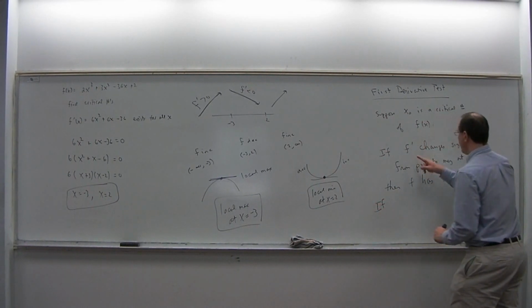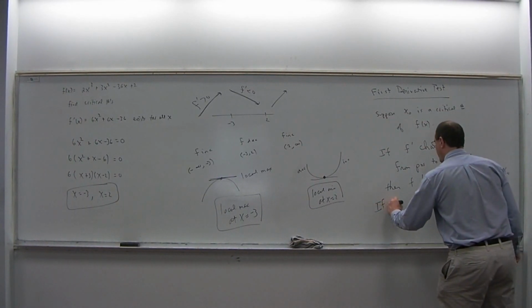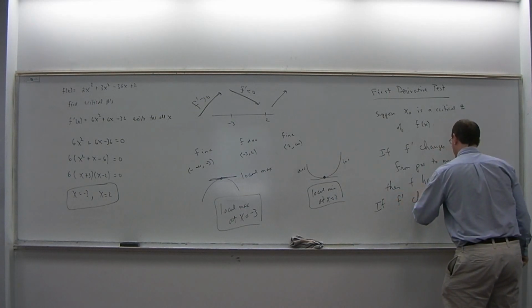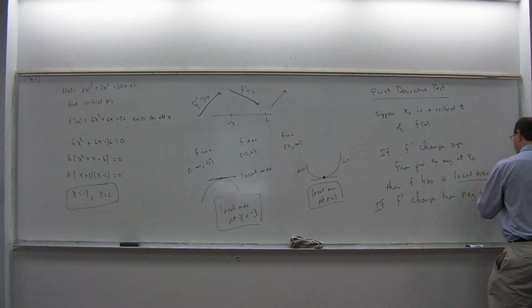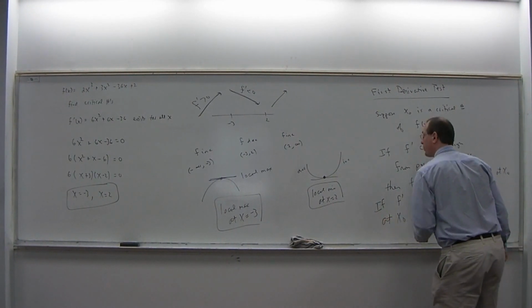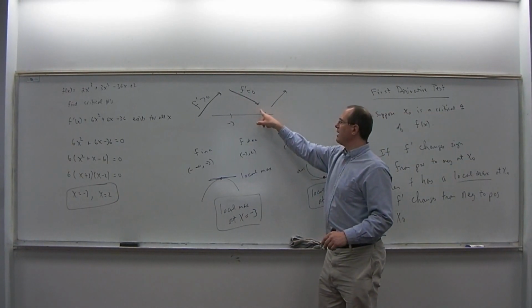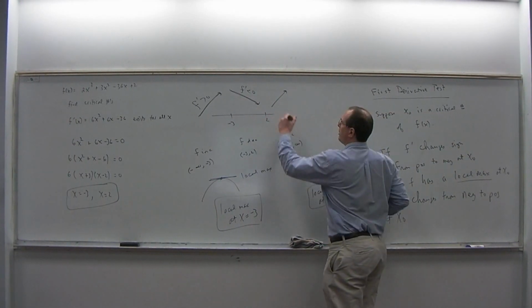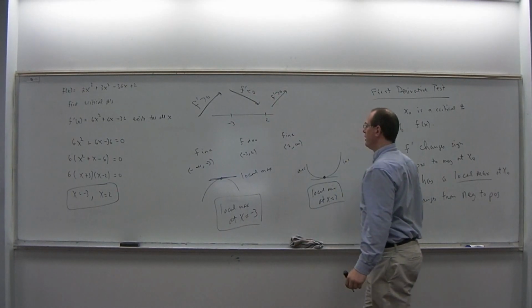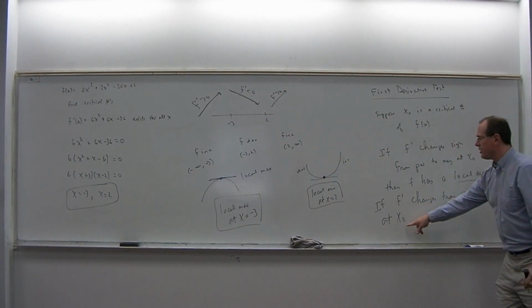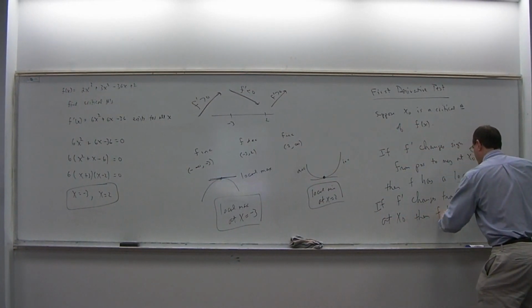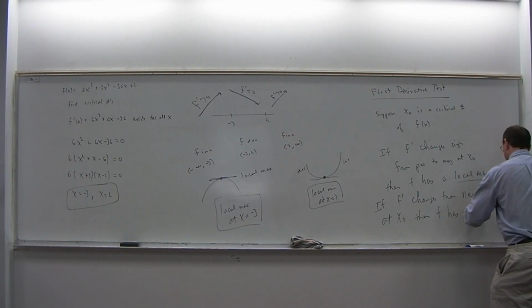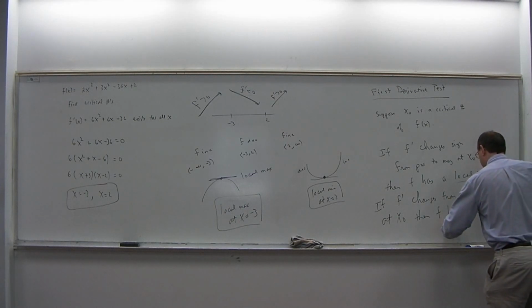And if f prime changes sign the other way, if f prime changes from negative to positive at x0, which is what we had here, f prime is negative, and then you get to 2, and then beyond 2, f prime is positive again. So if f prime changes from negative to positive, then you have the local min situation. So then f has a local min at x0.